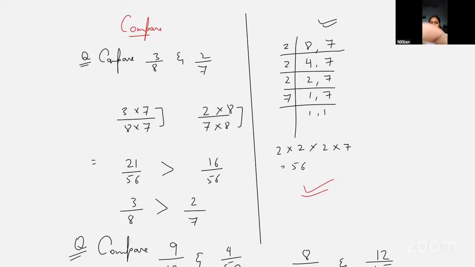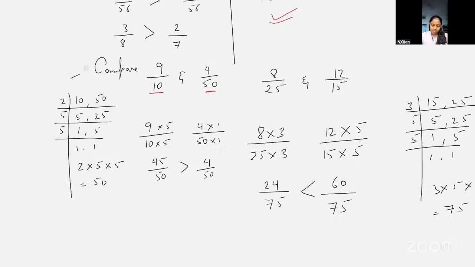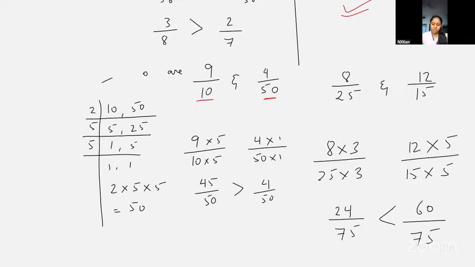Ma'am, 9 by 10. Oh, this one. All right. You got your LCM as 100. That would give you the same answer, Eva.